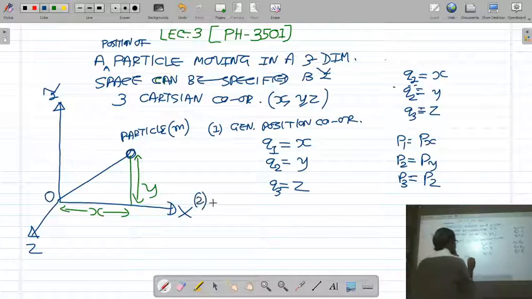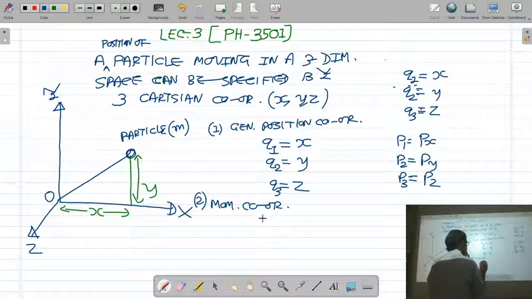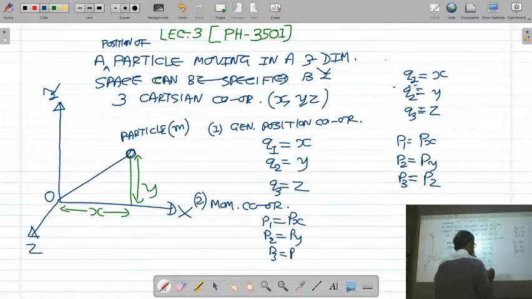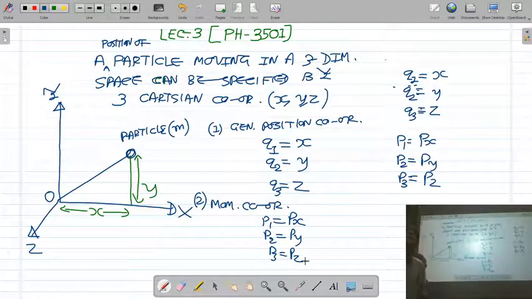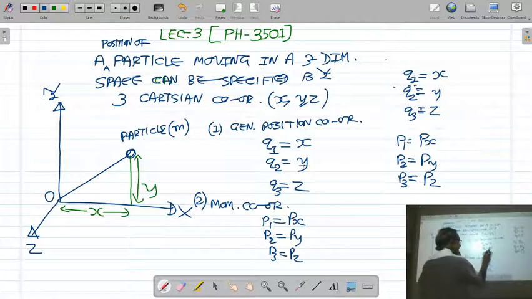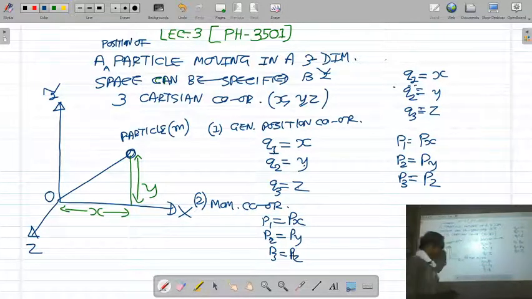And the generalized momentum coordinates will be p1 equal to px, p2 equal to py, and p3 equal to pz. Okay, now we define the phase integral. What is the phase integral?